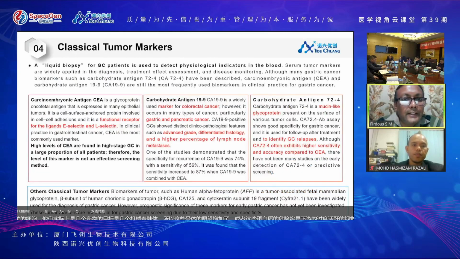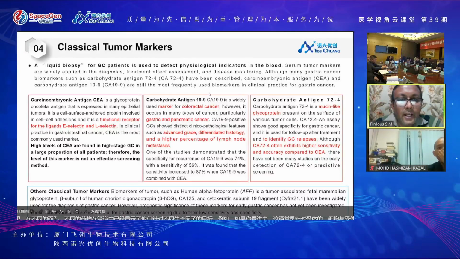Okay, these are certain tumor markers. Among them, a few tumor markers are universal markers for all the different types of cancer. For example, CEA, the carcinoembryonic antigen. Other than that, we have carbohydrate antigen 19-9 and the antigen 72-4.